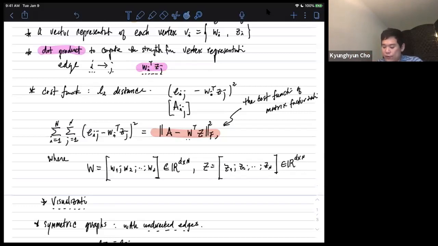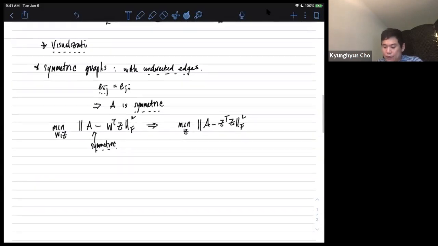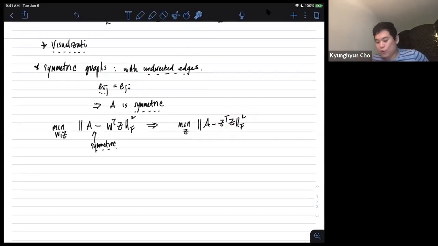However, in the case of a symmetric graph, there's no such distinction for each vertex, whether it's outgoing or incoming. It's all the same thing. So that's why all we need is a single code vector Z associated with a single vertex. And that actually allows us to solve a simpler problem with the constraint automatically implemented.